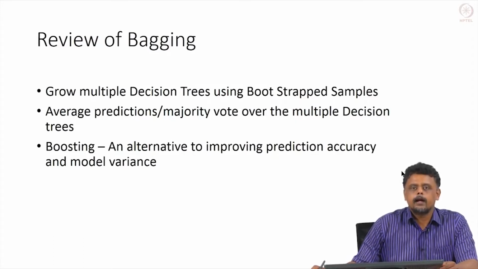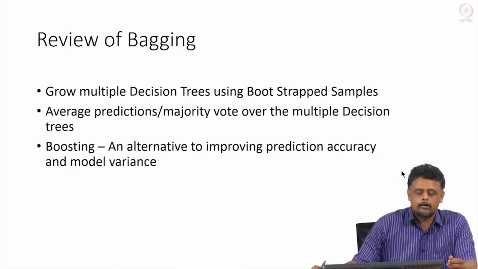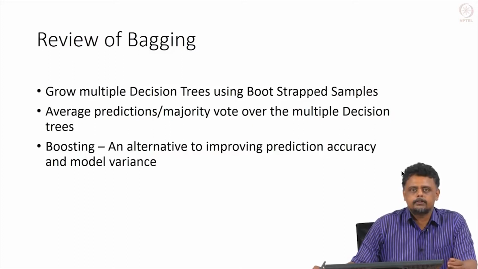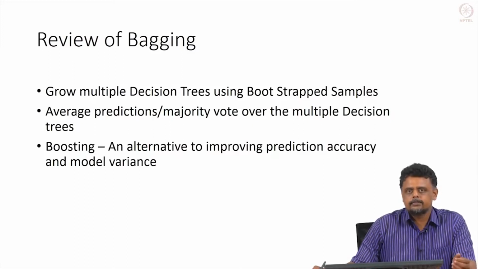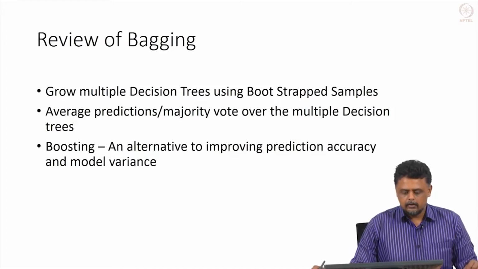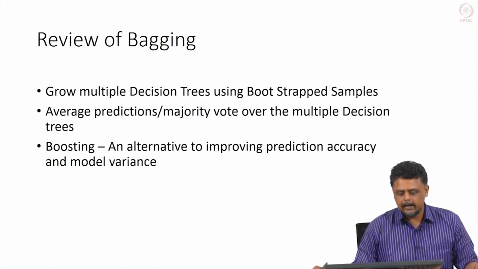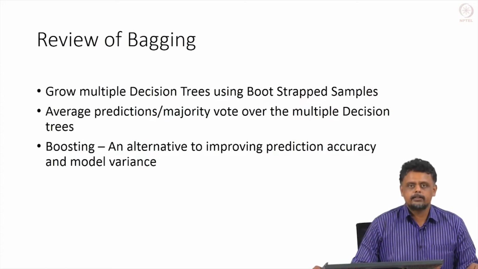The output is the average of all the decision trees when you are looking at a regression problem, or you take a majority vote if you are looking at classification problems. So, in this lecture we will look at boosting, which is an alternative to bagging and also improves prediction accuracy.